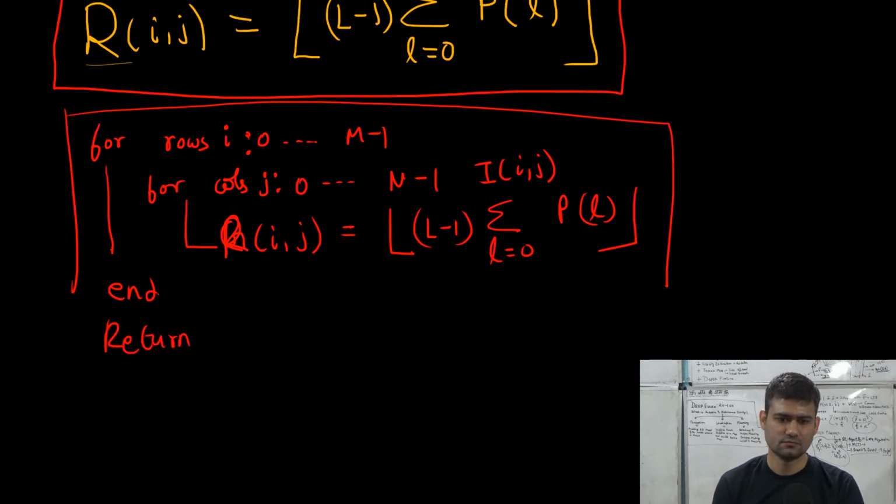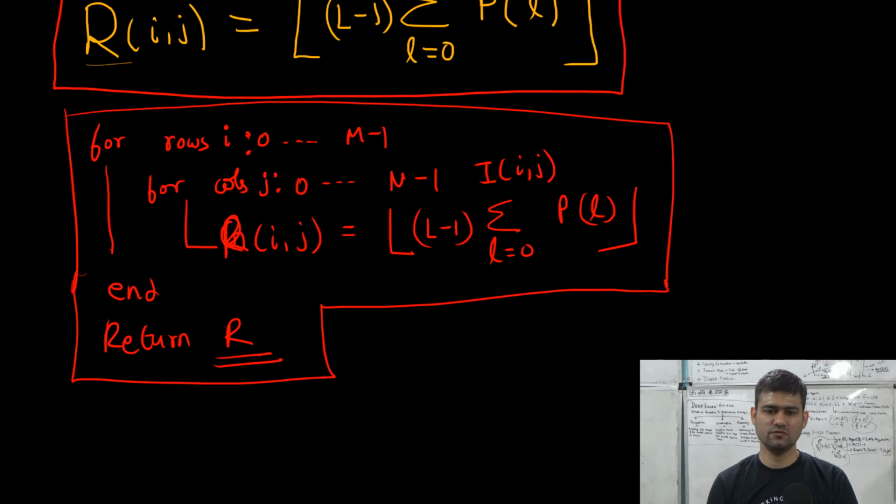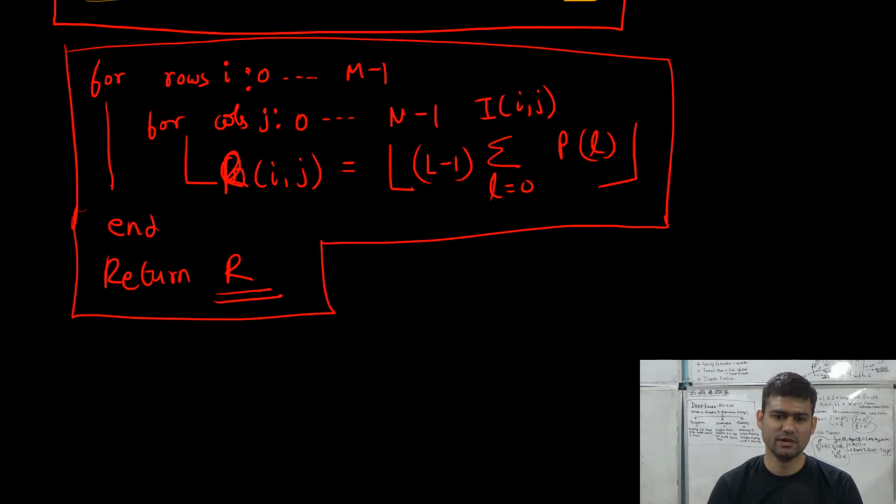Return R. So this is the entire image histogram equalization pseudocode. We can write it much better, but it would depend on the language. To write it more neatly, we can just summarize everything together.